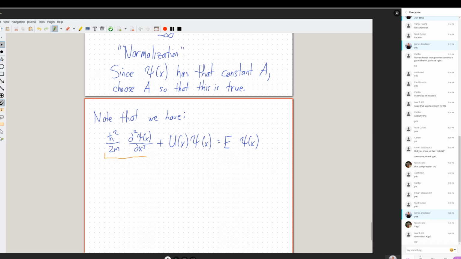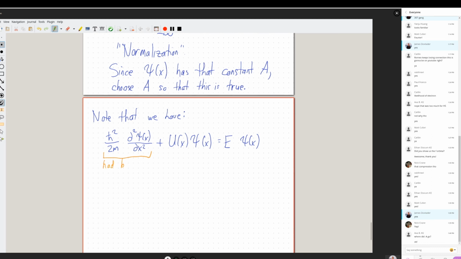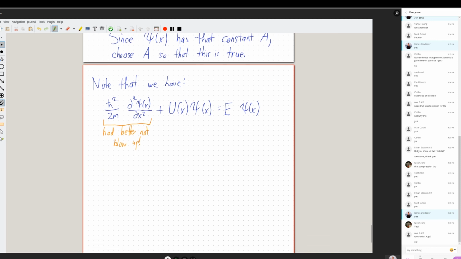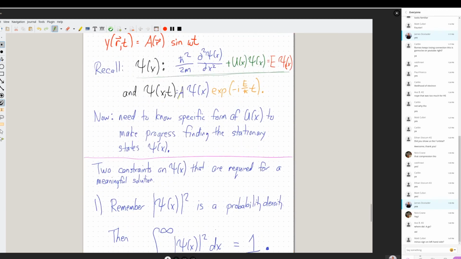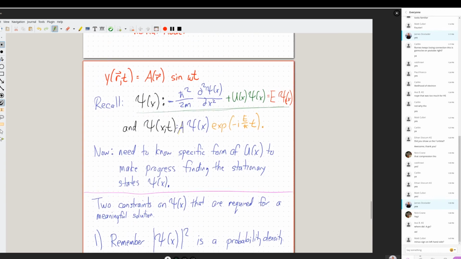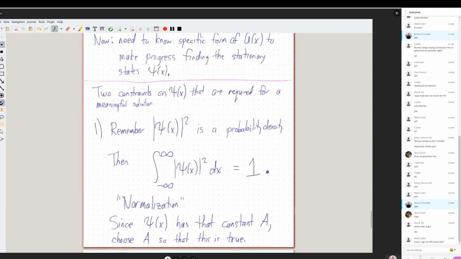Which means that this had better not blow up. So for the second derivative of something to be finite, so that minus sign, yep, you're right. I never can remember that. So yeah, let me fix that minus sign. Thank you, Matt.